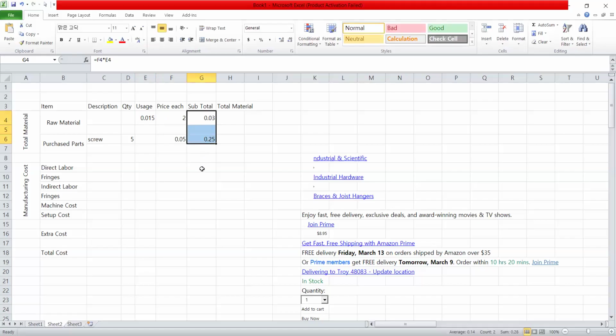But as I explained earlier, once you get this material, you go to the machining shop, and they will apply some labor and then some machine cost. I will not show you all of the process, just want to give you what we do. So let's say the labor is minimum wage in the US, like $15 per hour, as an example.